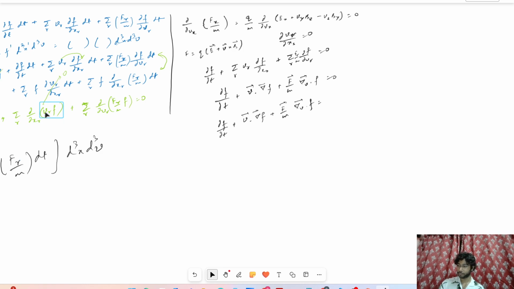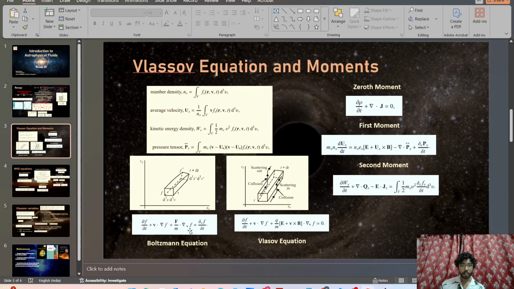But right now, in the presence of collisions, we'll have this extra collision term. So this is the Boltzmann equation, which we saw in the slide. And if we just replace the force over here with Q times E plus V cross B, which is the Lorentz force that we saw, we'll get the Vlasov equation.